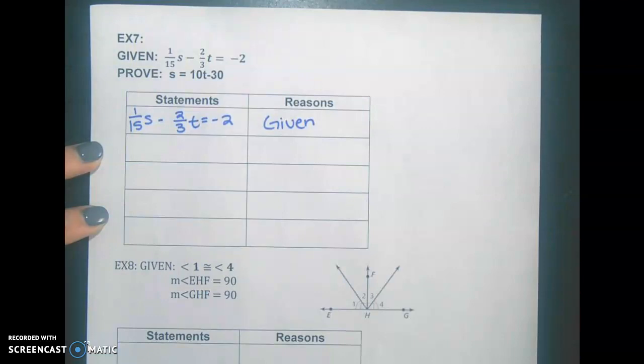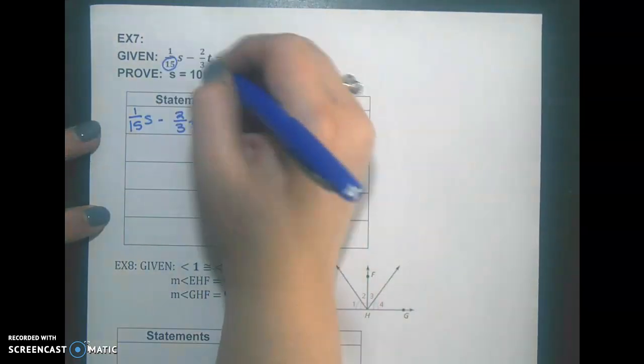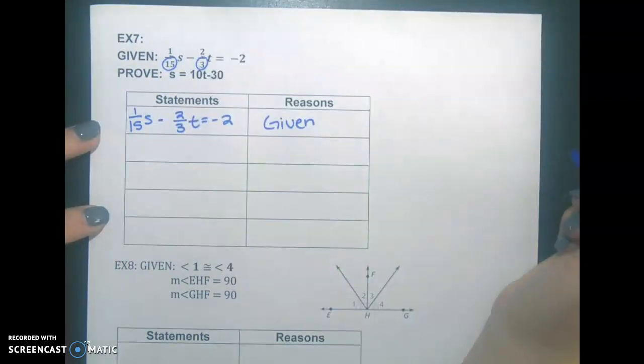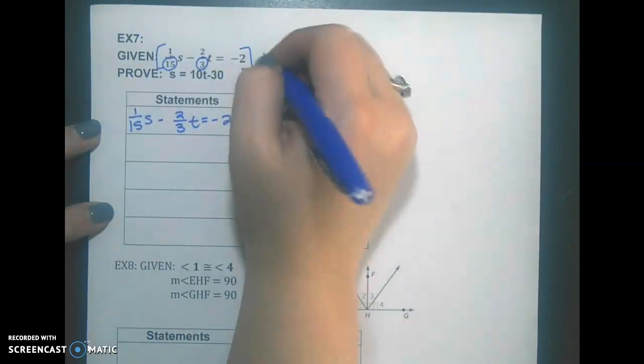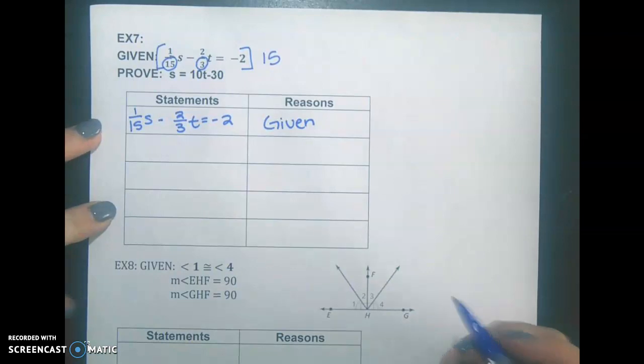Now, I need to find my least common multiple between my two denominators here, between 15 and 3. And my least common multiple is going to be 15. So I need to multiply my entire equation by 15 in order to solve.